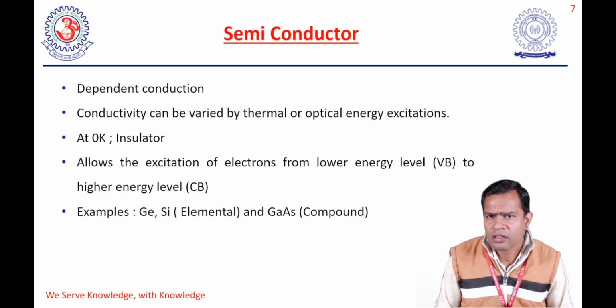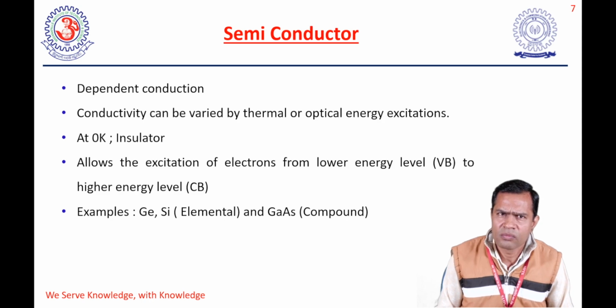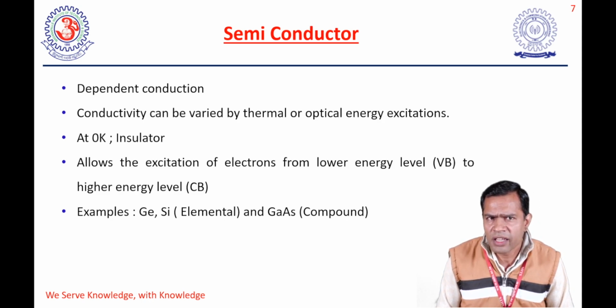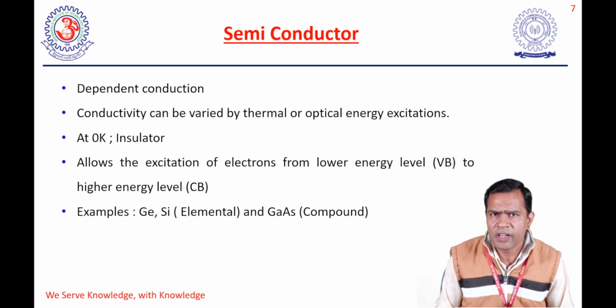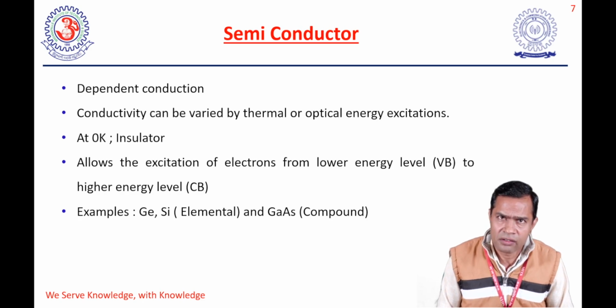Examples are silicon and germanium, which are elemental, and if we talk about compounds, gallium arsenide.